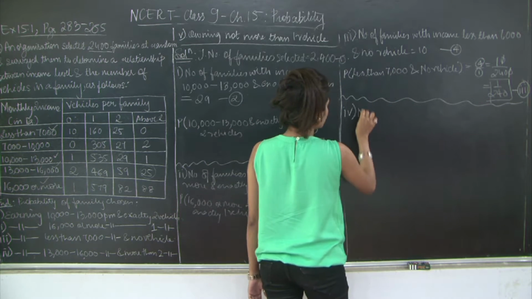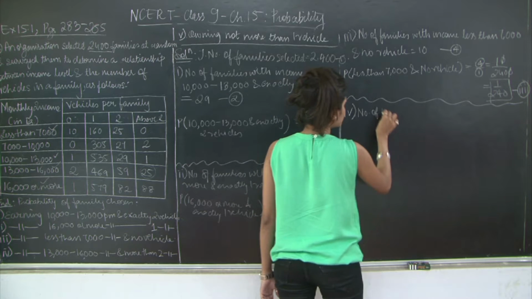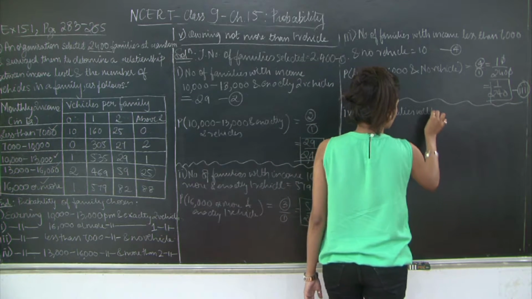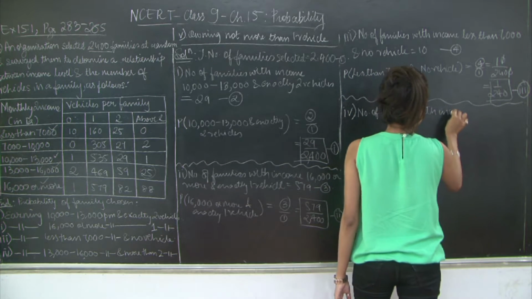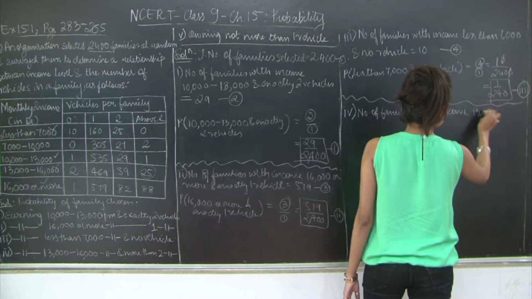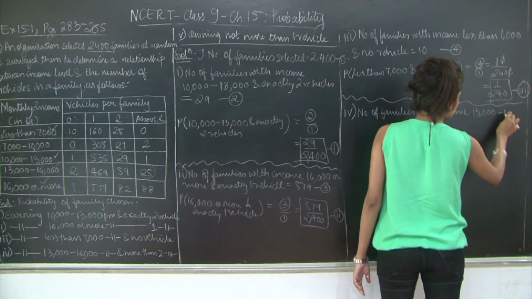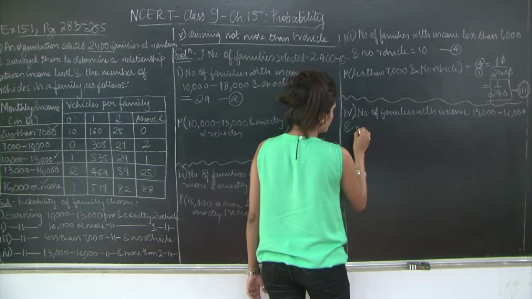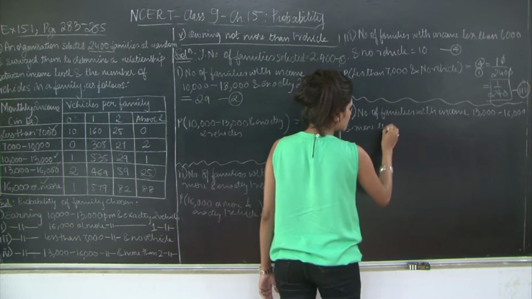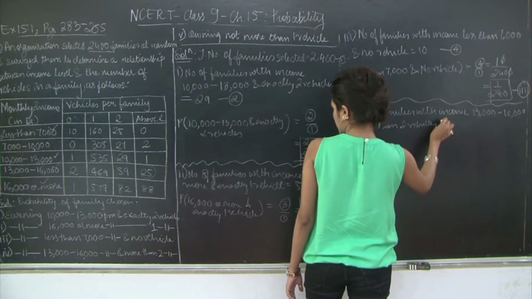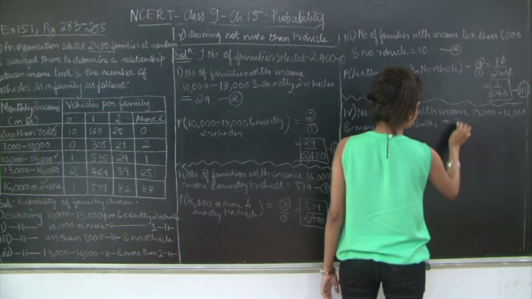So I'll say number of families with income 13,000 to 16,000 and more than 2 vehicles is equal to 25.